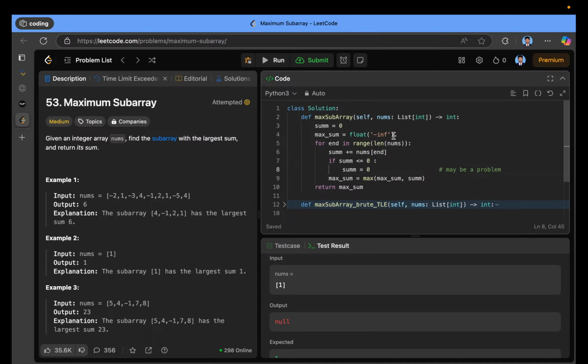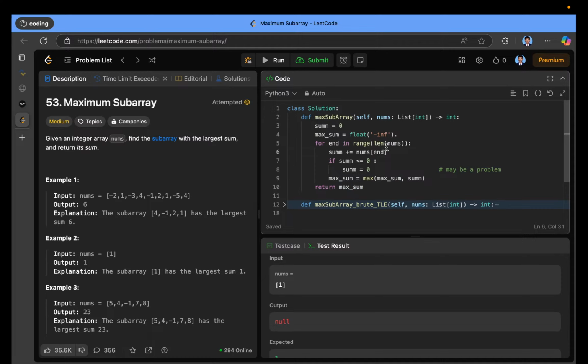Maximum is equal to float minus infinity. First I should stop the music that I'm listening to in the background. Okay, it is stopped. Okay, so now, hmm, what am I doing wrong here?